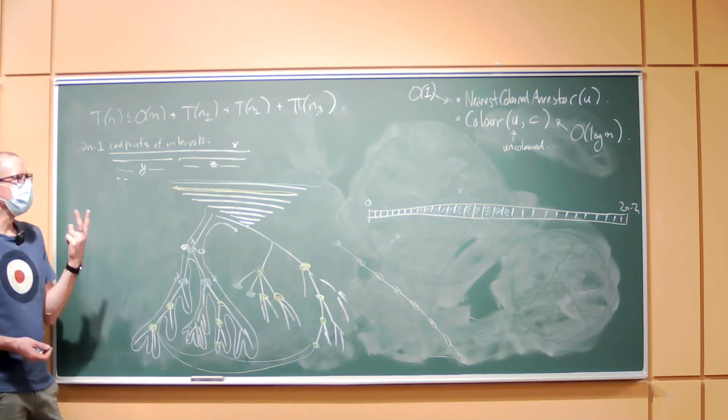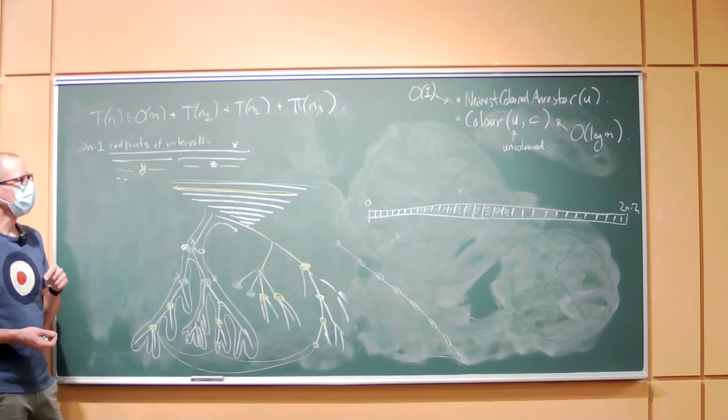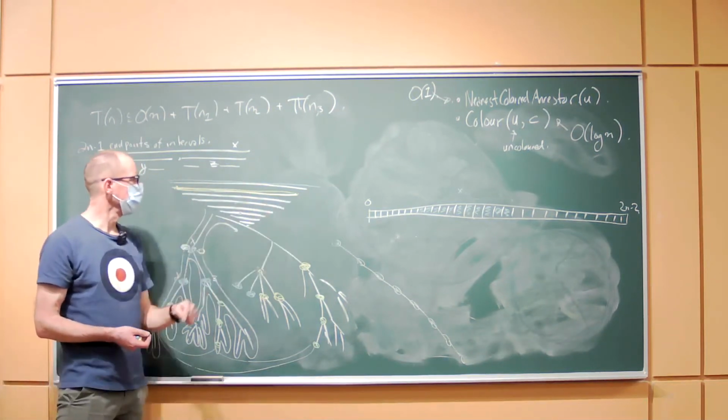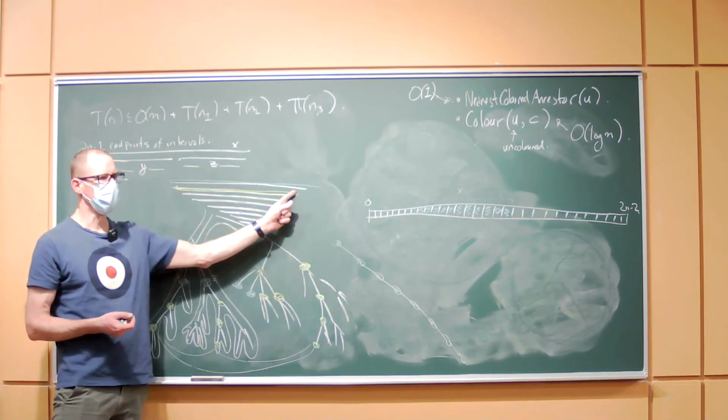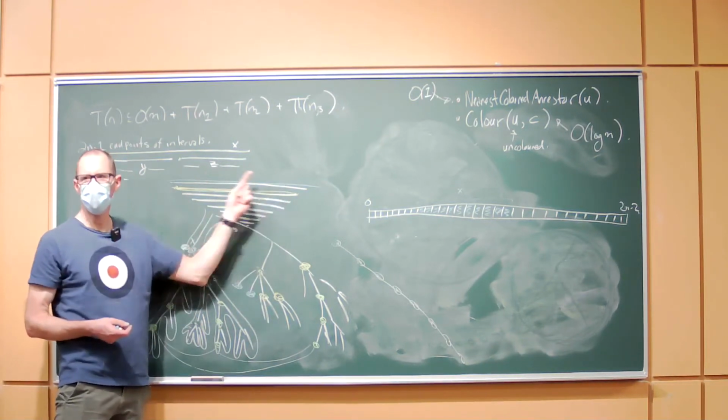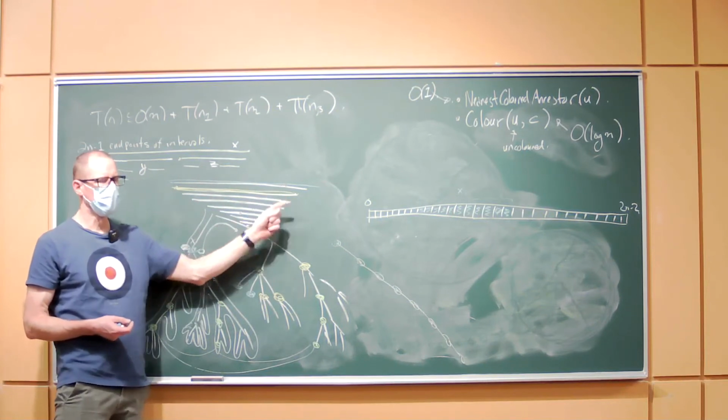there's two colors. One of them occurs in only two places, and this one occurs in a whole bunch of places. Before I colored this one yellow, the blue color occurred everywhere.